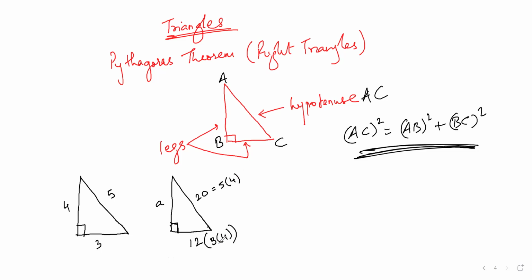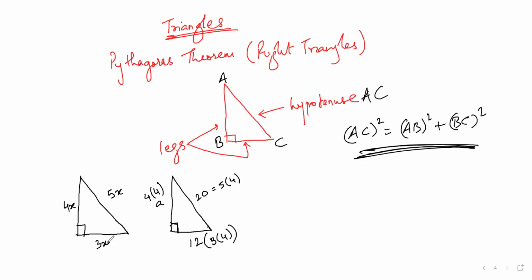Then this would be 4 times 4. So basically, they are nothing but a Pythagorean triplet based on 3x, 4x, 5x, where x is 4. So that way you save time. If you know one is 20, 5 times 4, one is 12, 3 times 4, then the third side will be 4 times 4, 16.